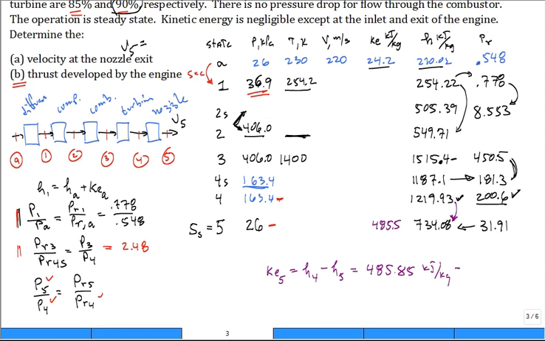That is 1/2 V5 squared. Don't forget the factor of 1,000 on your unit conversion. And now you can compute that this is 986 meters per second.